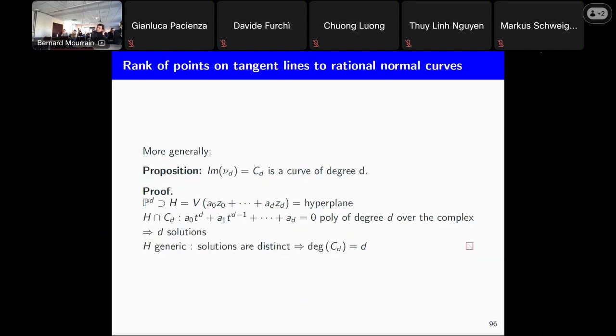And so if you have the Veronese map of order D, and you look at the Veronese curve, the rational normal curve of degree D, it will always have degree D, and the same proof works. You take any hyperplane, intersect with your curve, and then you have to solve a polynomial of degree D. And if it's generic, it will have D distinct solutions. So this is to show that the rational normal curve of degree D has degree D. Okay.